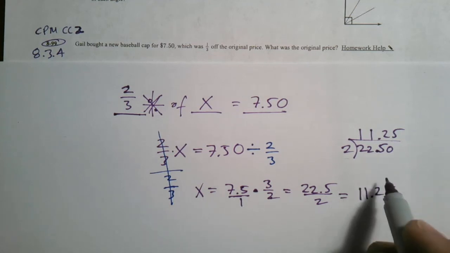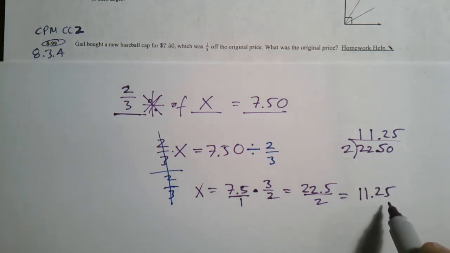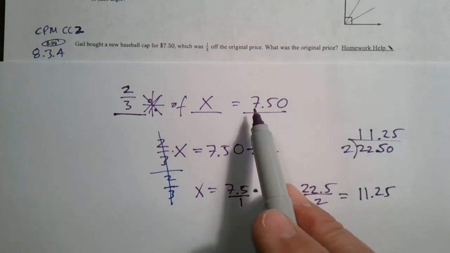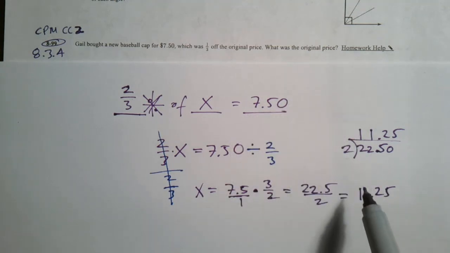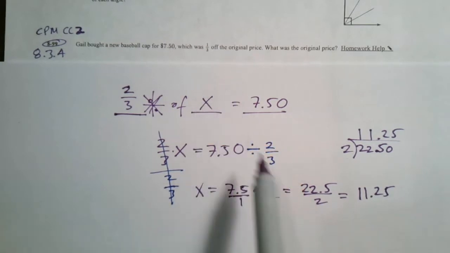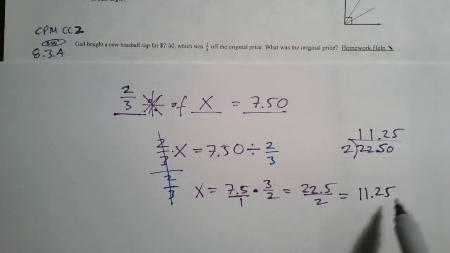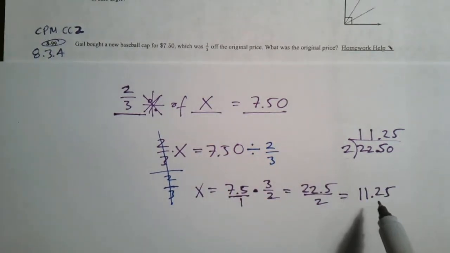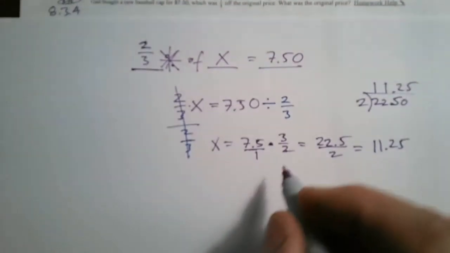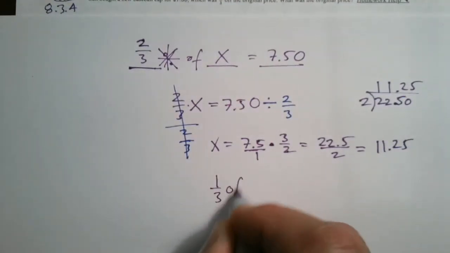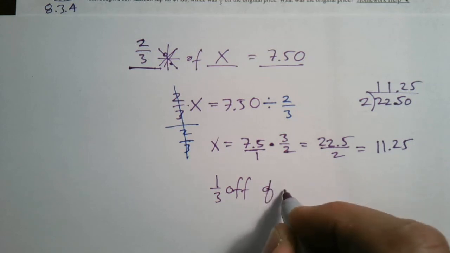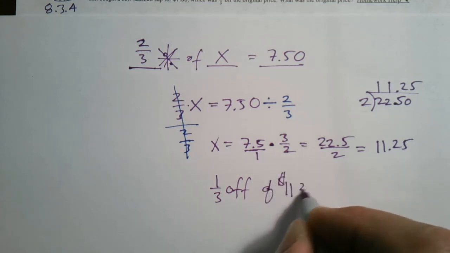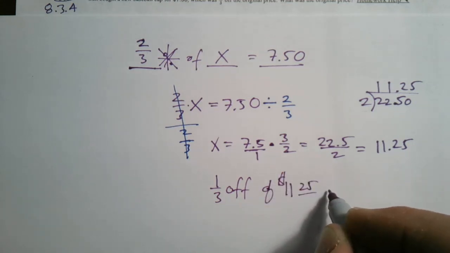So 11.25 would have been the original price, with 7.50 being 2/3 of that, because it was 1/3 off of the original price. We can rewrite it so it makes sense: 1/3 off of $11.25.